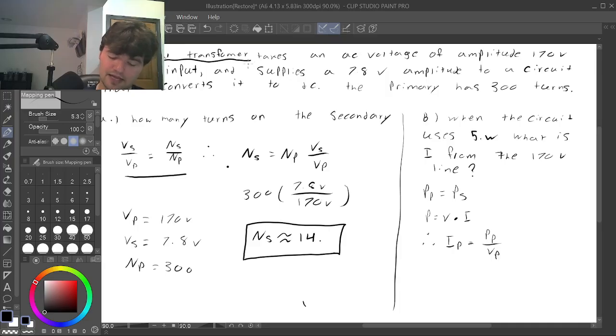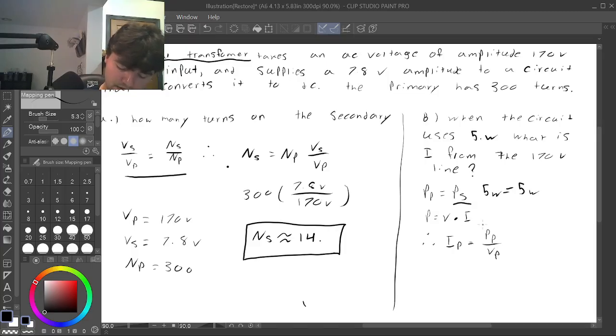So the amount of watts out is equal to the amount of watts in, which means that if we have our circuit which the output power is being put to, we know our secondary power. So that's 5 watts. So the primary power must also be 5 watts. And we know that power in watts is equal to voltage times amplitude.